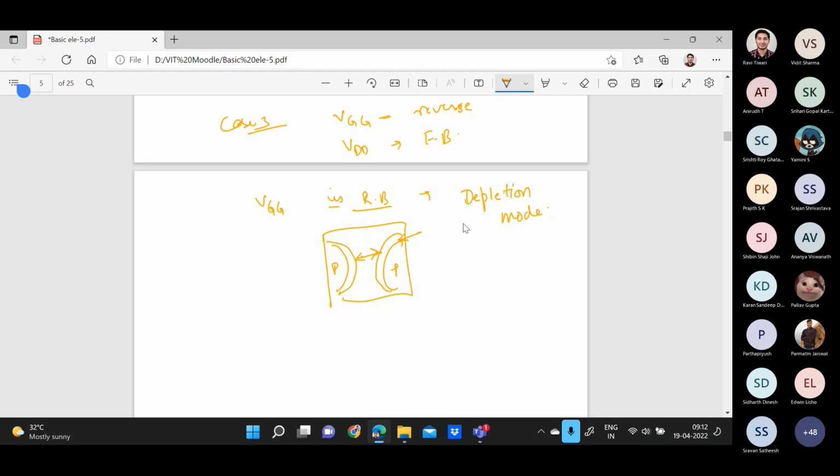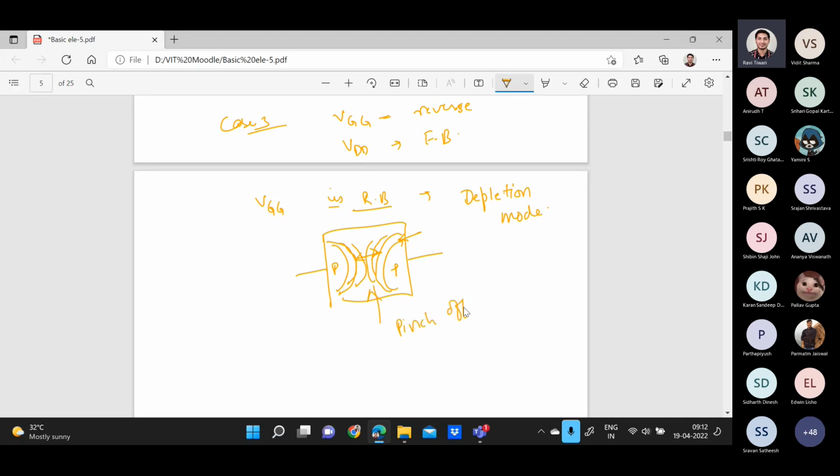Okay. And as I told you, if you keep increasing the reverse bias voltage, this depletion width will come nearer and nearer, and one condition will come where both the depletion regions literally touch each other, and this voltage is called the pinch off voltage.